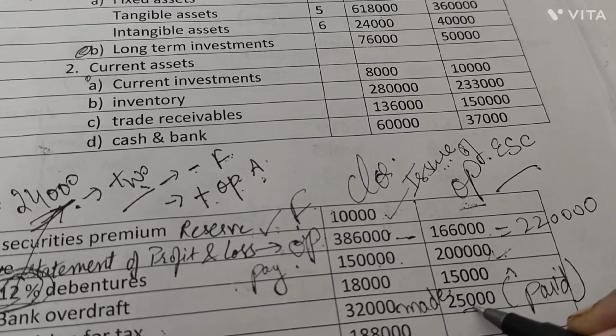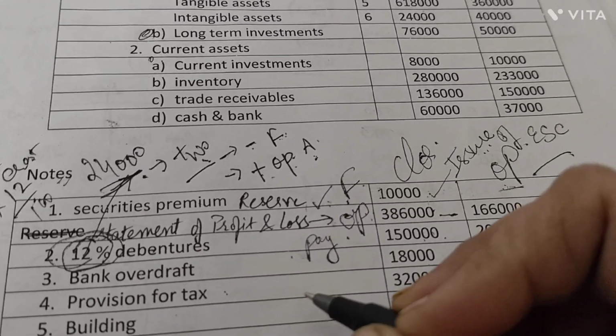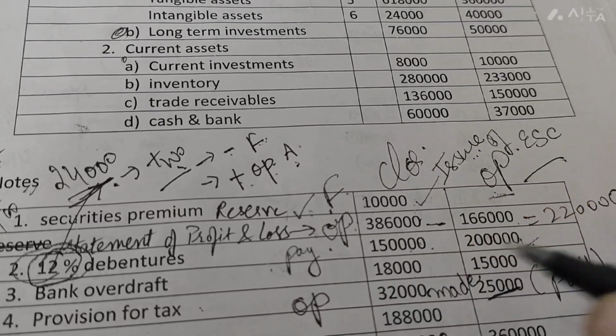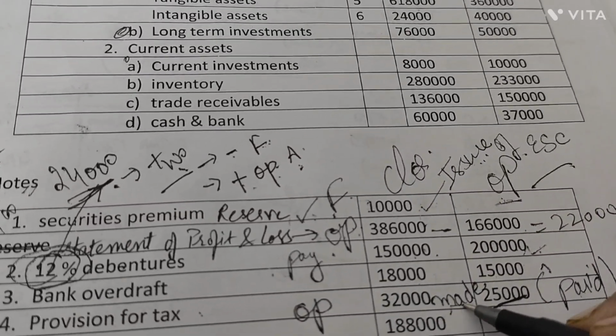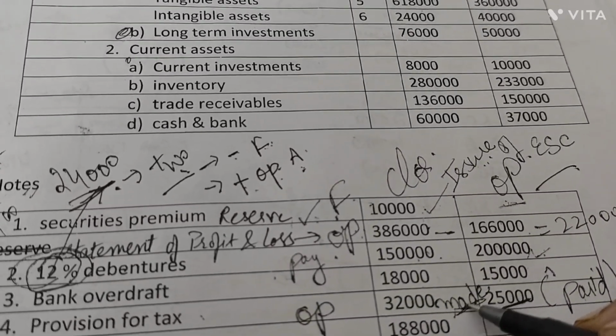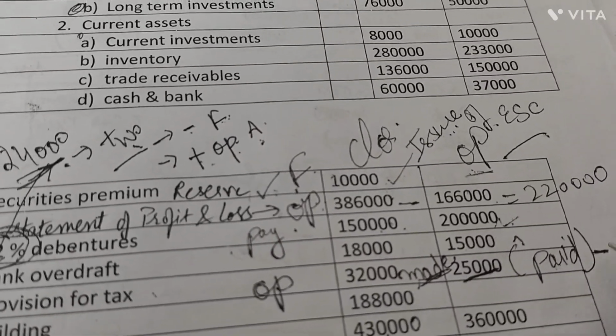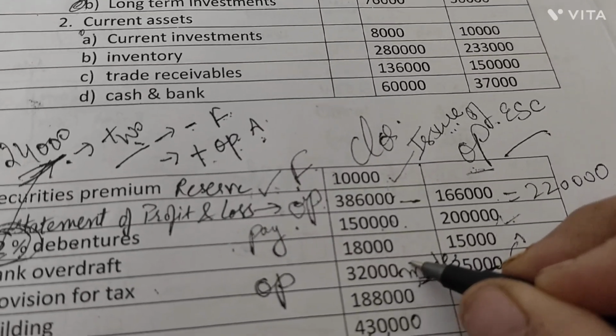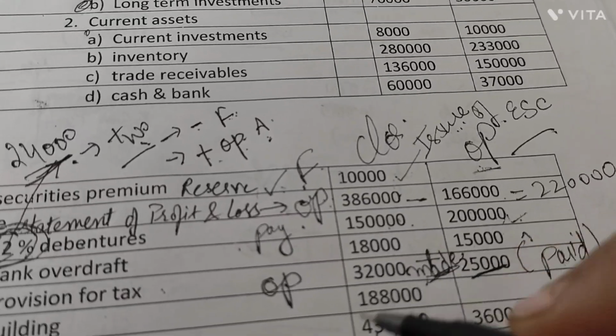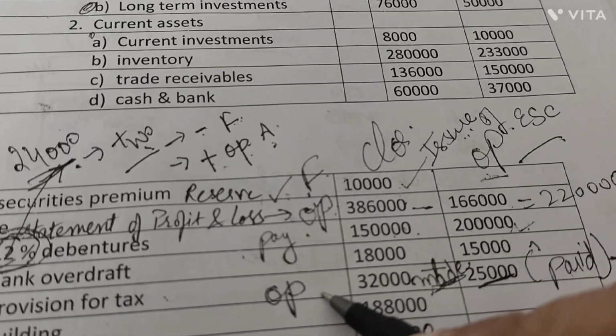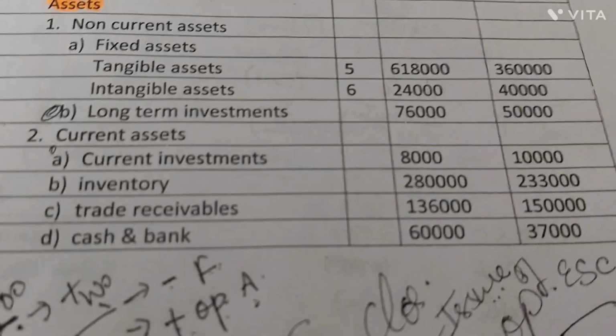So the opening balance would be deducted in the operating activities, and the closing balance would be added in the operating activities. 25,000 paid would be deducted, and 32,000 provision made would be added where? In your operating activities. So we are done with this point.